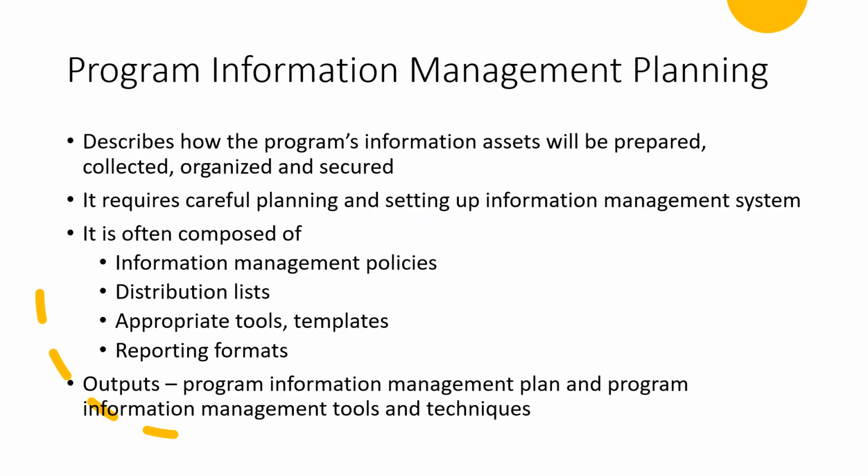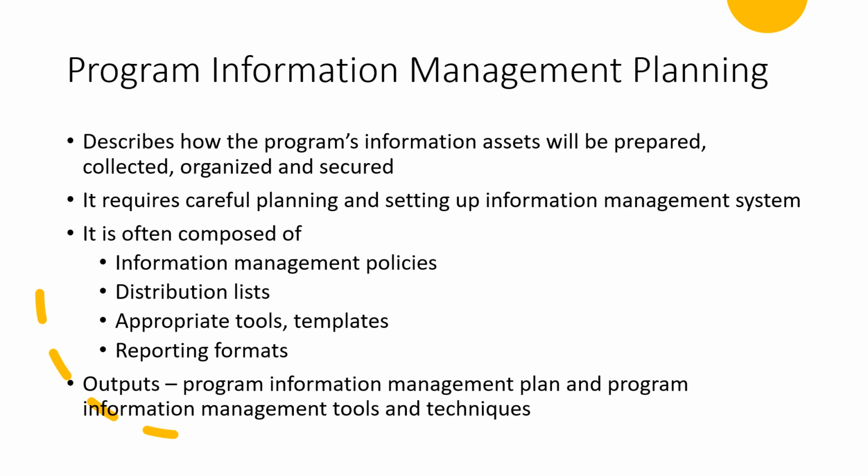Now let us talk about program information management planning. What is program information management planning? It describes how the program's information assets will be prepared, collected, organized, and secured. So it requires careful planning and setting up an information management system.